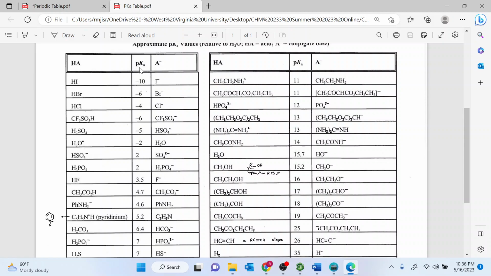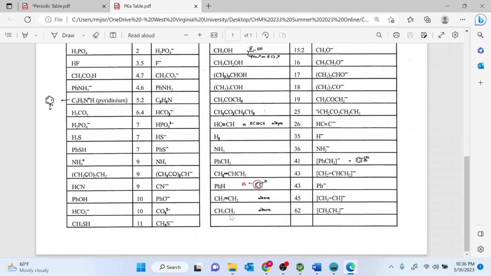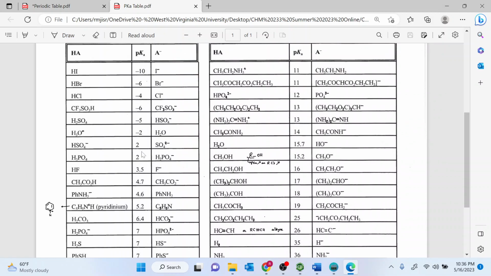So as the value of the pKa becomes larger, the acidity is going to decrease. In this table, the strongest acid is HI, and the weakest acid is simply the alkane because it has a very large pKa. So this is where you are going to find your pKa values, and this pKa table, you can have it in the exam as is.